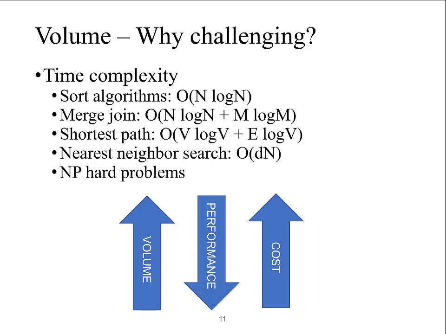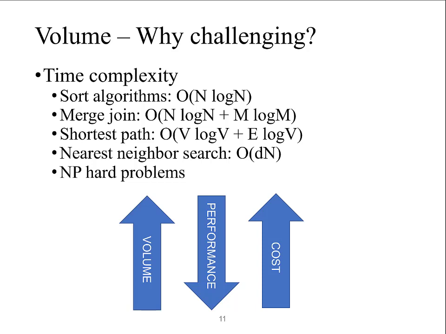So the best we can do is linear search, which means the time would be big O of d times n, where d is the dimensionality and n is the number of points in the data sets. And this is only for finding the nearest neighbor of the query. Not to mention, there are a lot of NP-hard problems there.